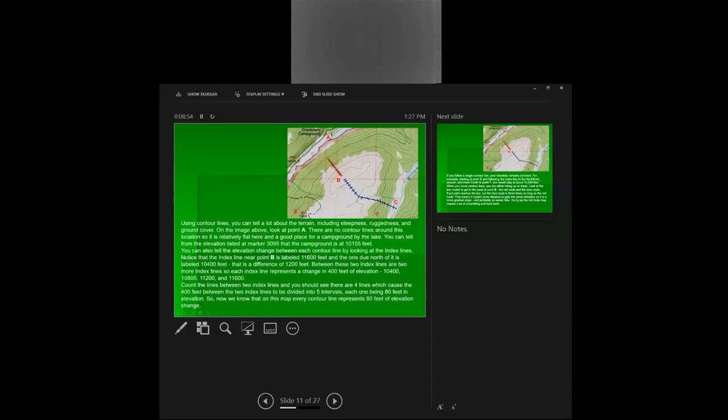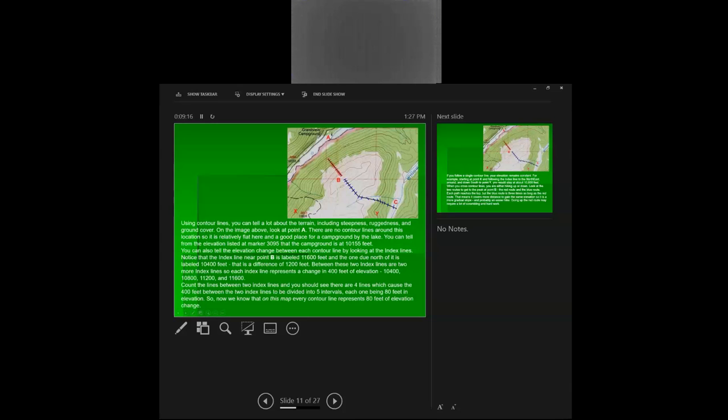The contour interval, which is from this dark brown line to this one right here, is 400 feet. So that tells me there's a 400-foot contour interval between each of those lines. And this right here, as we can see, we're increasing in elevation, is going to be 11,500 feet.